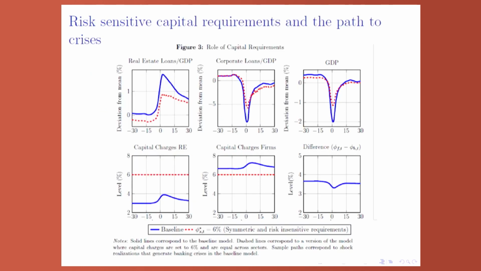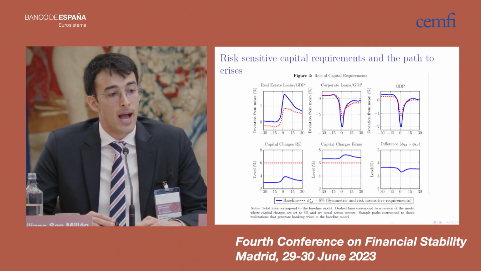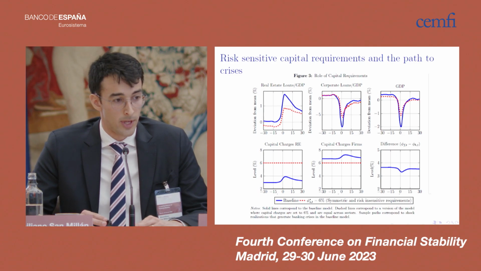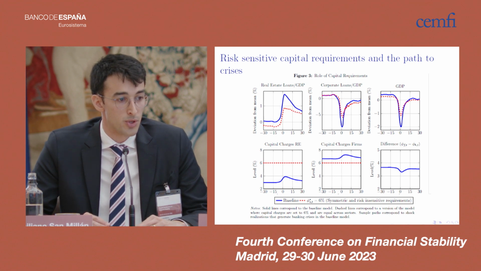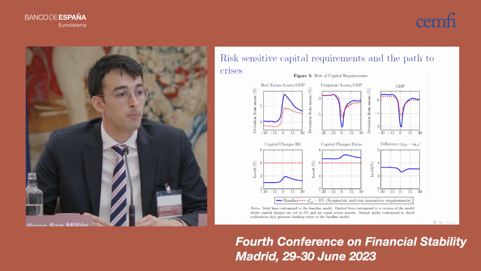So this is a typical path to crisis in the model, where basically I'm comparing the baseline economy with a counterfactual economy, where I remove the risk weight and I set the capital charges to be constant, as you can see in the bottom panels.